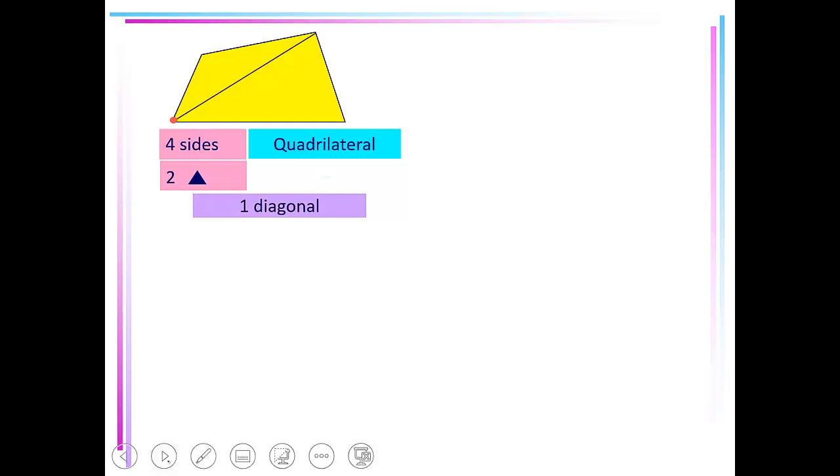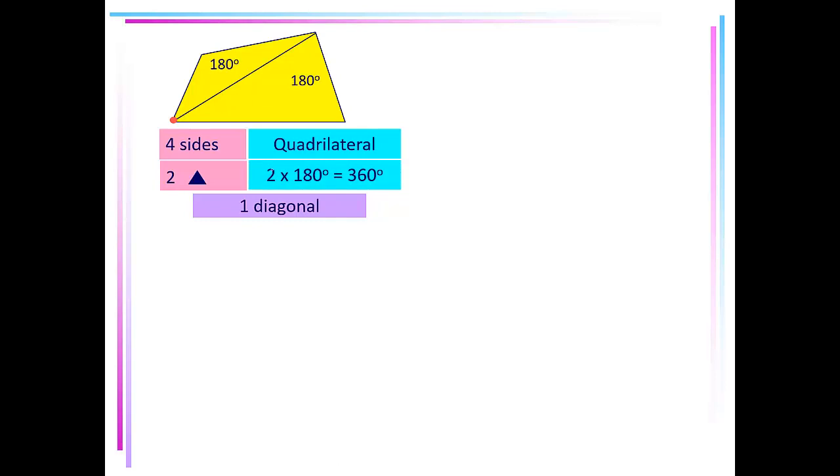Now I know that in each triangle, the sum of its interior angles is equal to 180 degrees. Having two triangles, 2 times 180 degrees equals 360. This means that for the quadrilateral, the sum of the four angles together should give me 360 degrees.